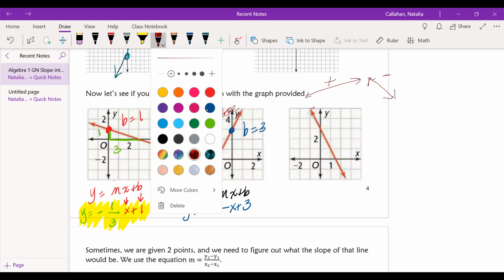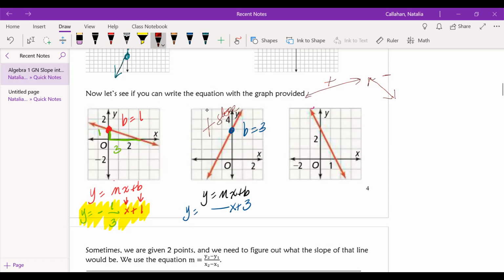But as I'm looking at the slope, how far up am I going and how far over am I going? If I start on this point here, I am going up 1, 2, 3, 4, and I'm going over 2. So my slope is rise over run, or if you reduce it, it's 2 over 1, or just 2.